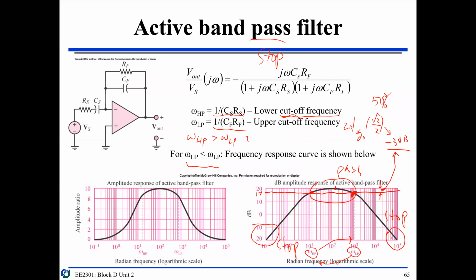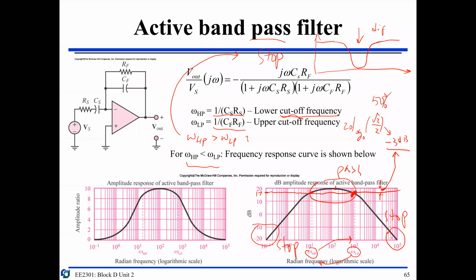When you swap these, this becomes a band stop filter. Then what we are going to see is something like this. Everything will pass, low pass, high also pass, but inside some band there is suddenly a dip. So this is called band stop. In this case, this is omega low pass, omega HPF. You swap these two, you become something like this. Get it?